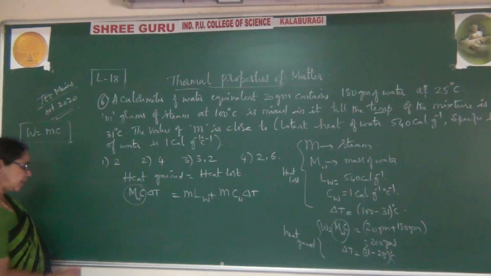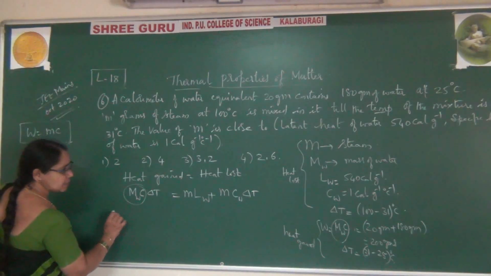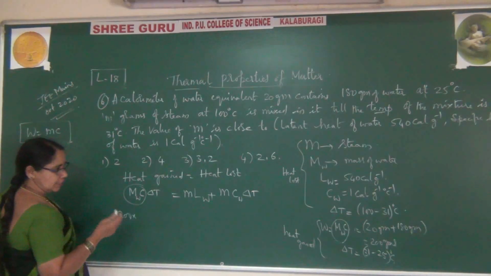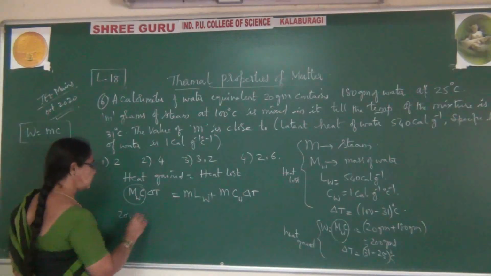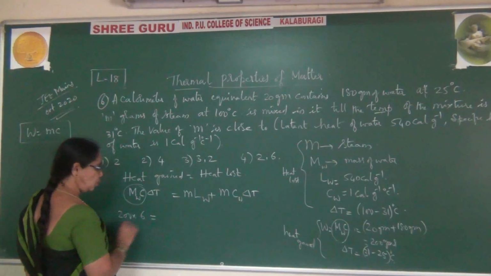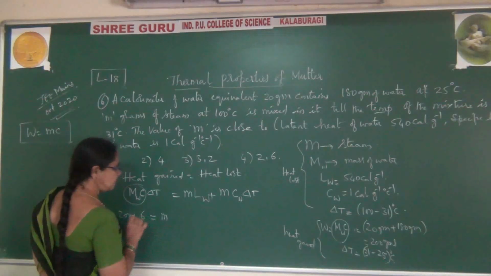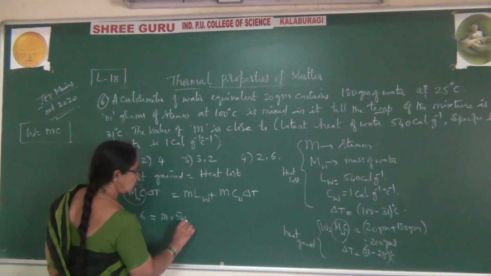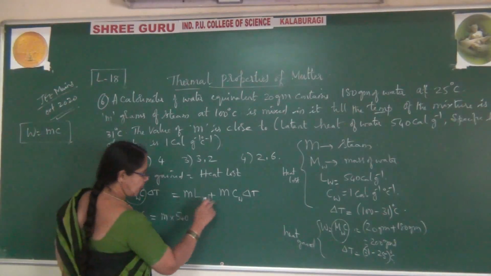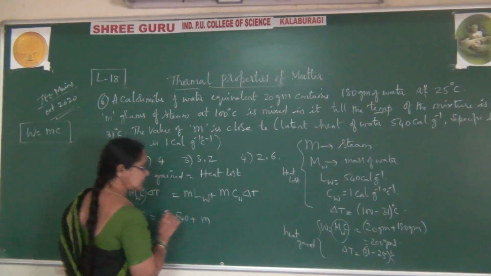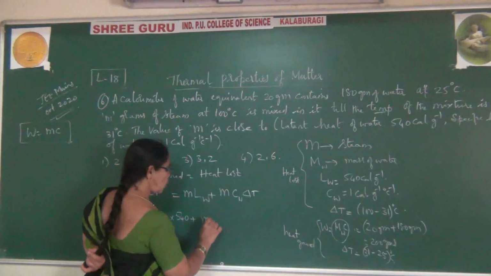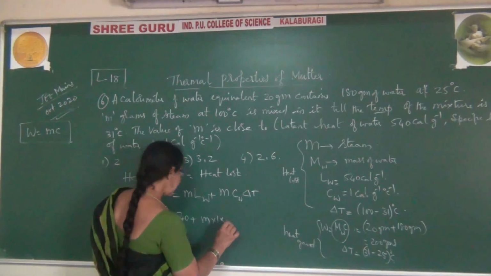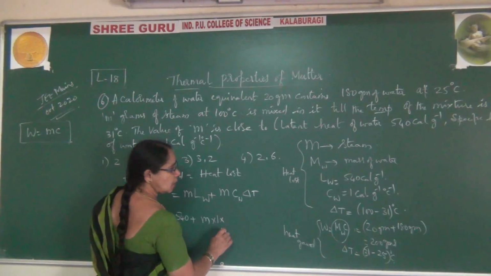Let me substitute here. I directly write 200 into, that is 31 minus 25, equal to m, as it is m, L_w, latent heat, that is 540 calorie per gram, plus M as it is, what is C_w, it is 1 calorie into delta T, which is 100 minus 31.